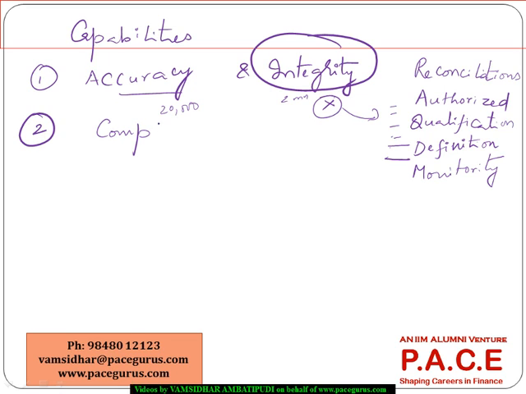Then on the other dimension, I am looking at the completeness of the data. There should not be any incomplete items across all the risk types. Am I collecting the data? Have I omitted some risk types? Or for all the lines of business, did I collect the data? For all the departments, am I collecting the data?